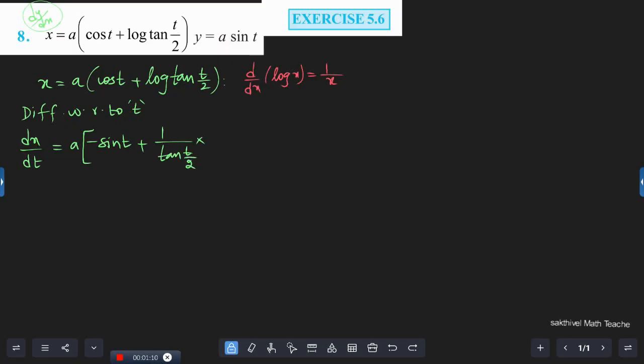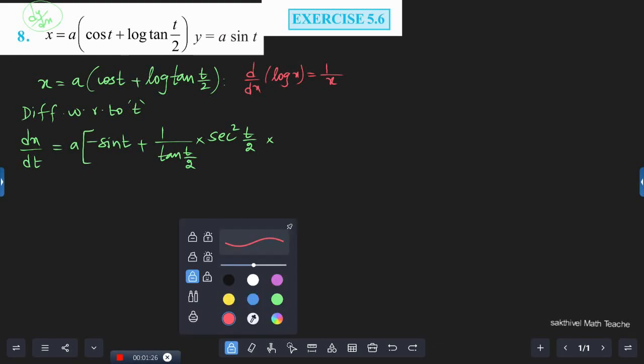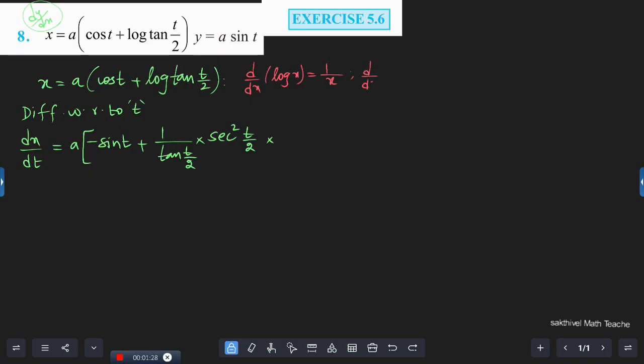Now the derivative of tan is secant square. If you want to mention the formula, mention derivative of tan equals secant square.